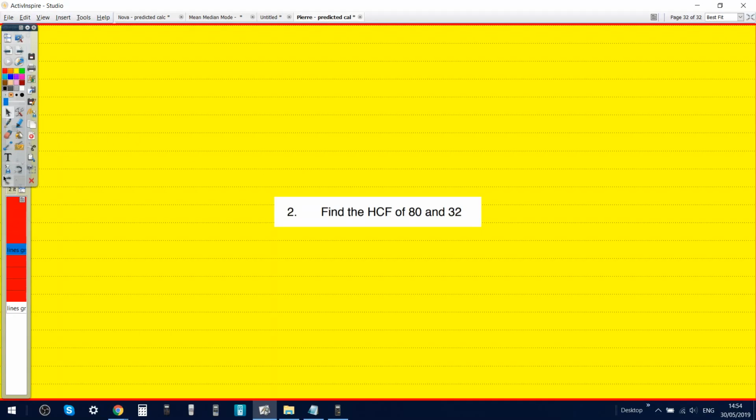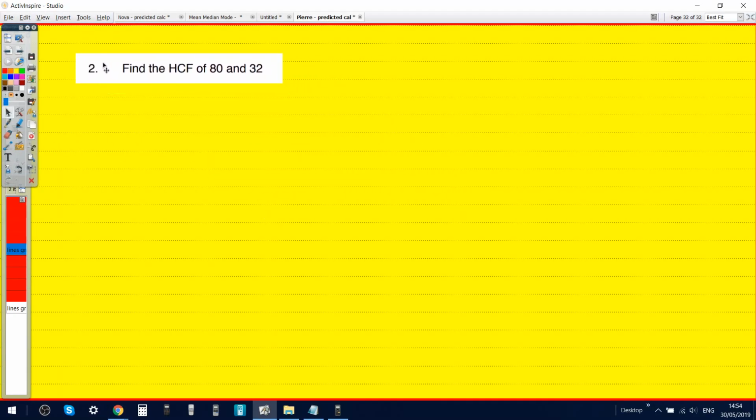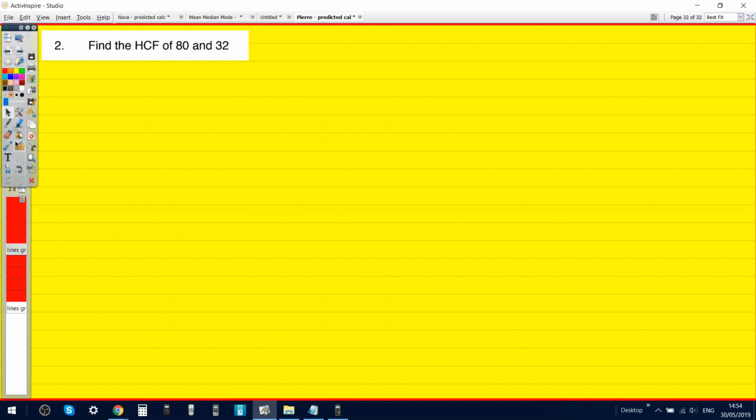So you could do the lowest common multiple for this one. So how do you go about it? Yeah, it said lowest common multiple of 32 and 50.